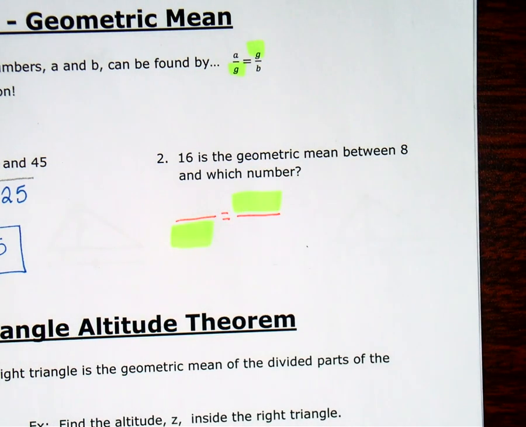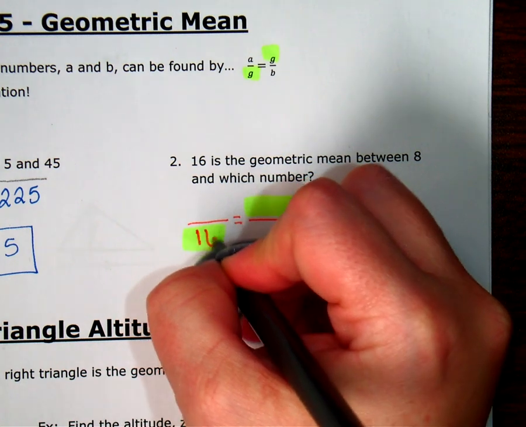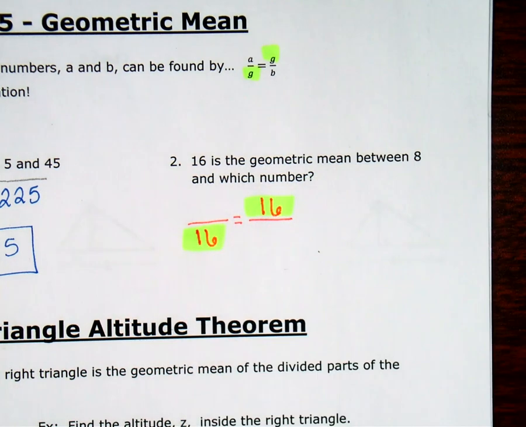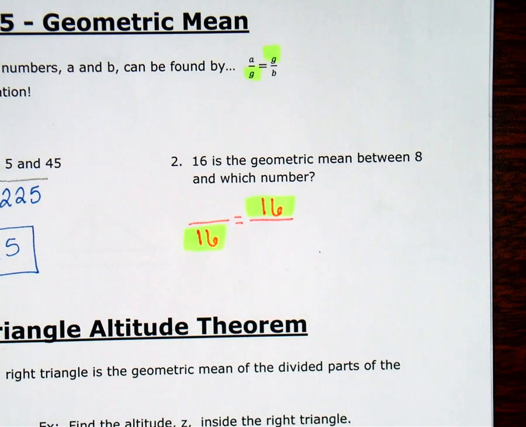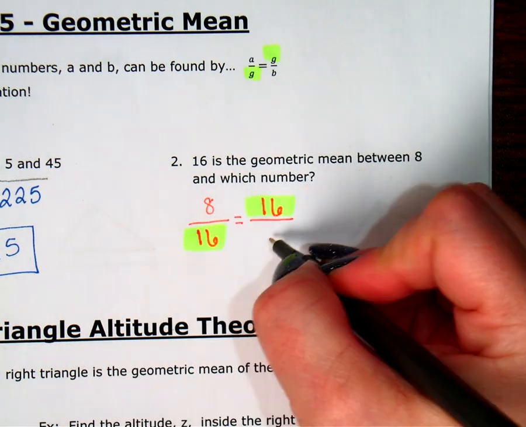And this is telling me that 16 is the geometric mean. So that's the one that goes here, okay, between 8 and what number? So that means my other two numbers are 8, and then I don't know what the other one is.